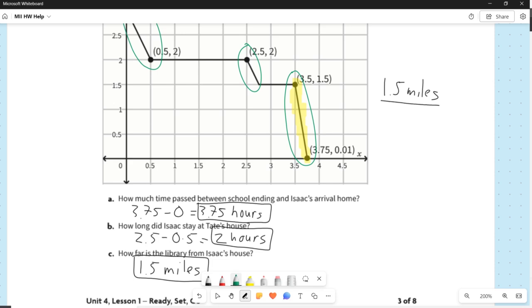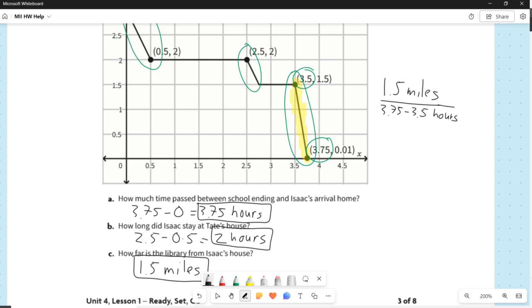And if we take a look at the times here, he left the library 3.5 hours after school ended, and he arrived at his house 3.75 hours after school ended. So what that means is it took him 3.75 minus 3.5 hours to walk the 1.5 miles.